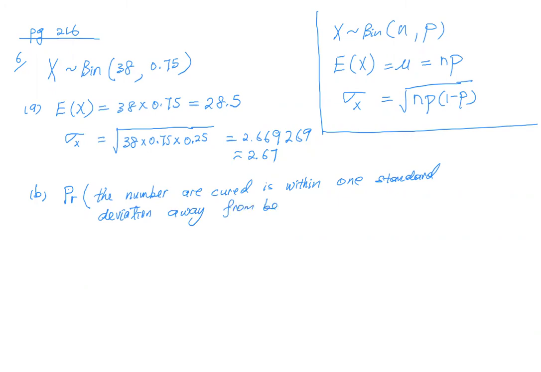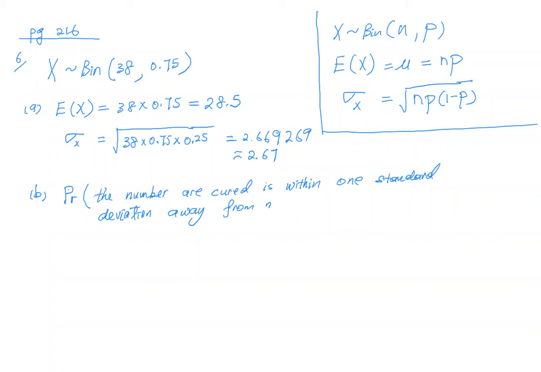So this is the meaning of the equation there. Are you clear? Next time, if we say one standard deviation away from the mean, you add and subtract one standard deviation. If they say two standard deviations away from the mean, you add and subtract two standard deviations. Do you get me?